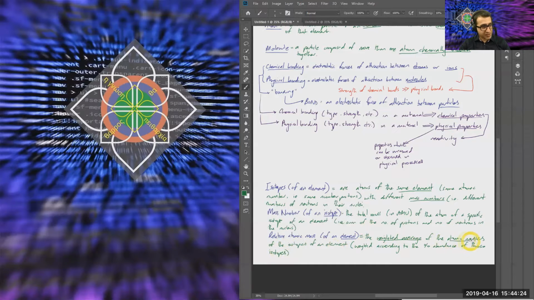But then that still so far describes atomic mass. The standard units of mass in science are kilograms. The problem with that is that when you're talking about kilograms, if you're looking at the mass of, say, a proton or a neutron, you're talking about masses in kilograms on the order of 10 to the power minus 19 of a kilogram. Incredibly small numbers, which are not very useful at all, or not particularly nice to deal with in calculations. So again, we don't use kilograms, the standard unit of mass.